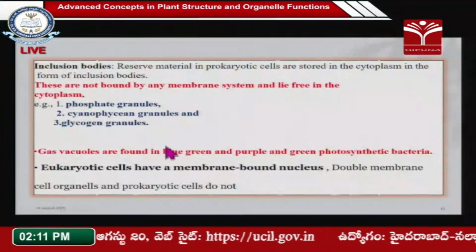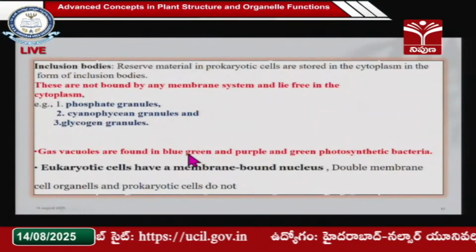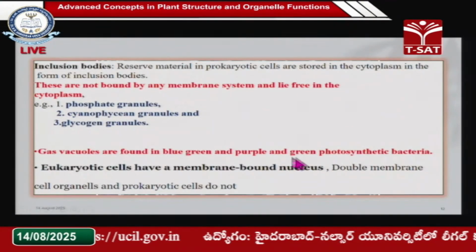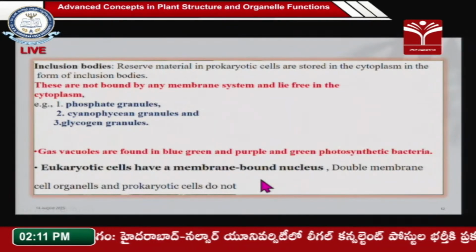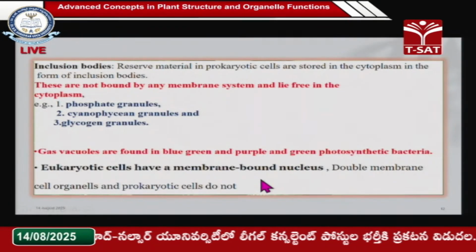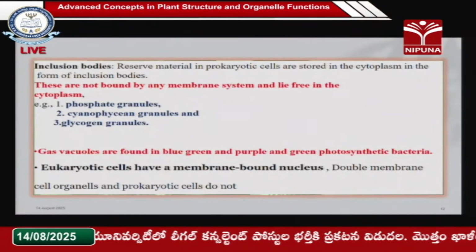These are the reserve food material in prokaryotic cells, such as phosphate granules, cyanophycin granules, and glycogen granules. Some gas vacuoles are also found. Eukaryotic cells have a membrane-bounded nucleus and double-membrane cell organelles, which prokaryotic cells do not contain.